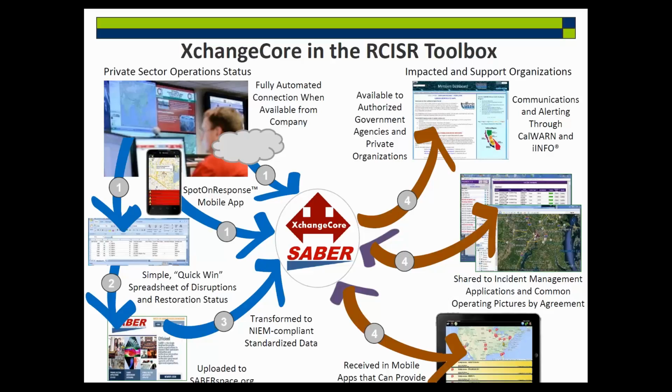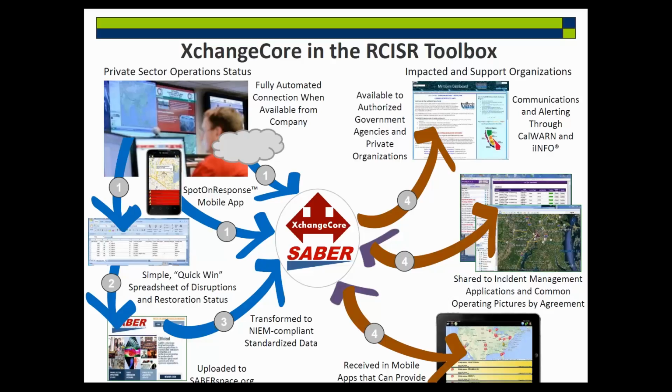But in a major earthquake, their capacity will be exceeded. So the traditional Sabre XchangeCore, blue on the left-hand side, the ability to accumulate information, turn it into NIEM-compliant standardized data, and then push it out to other organizations, will have the focus in this water exchange in the following way.